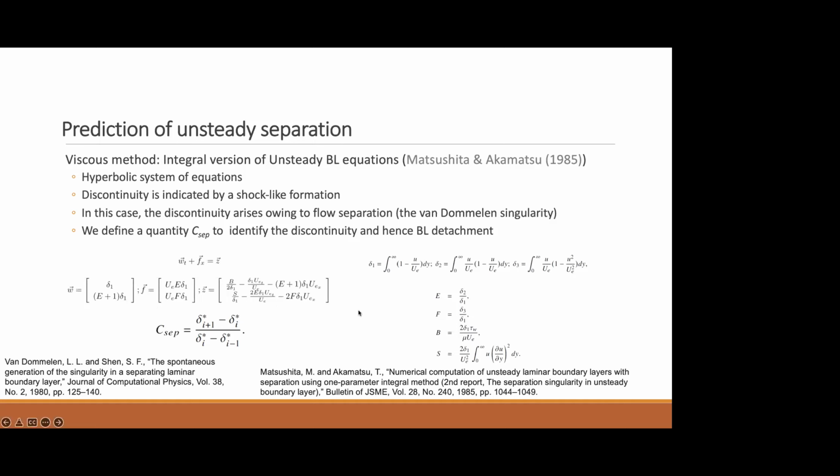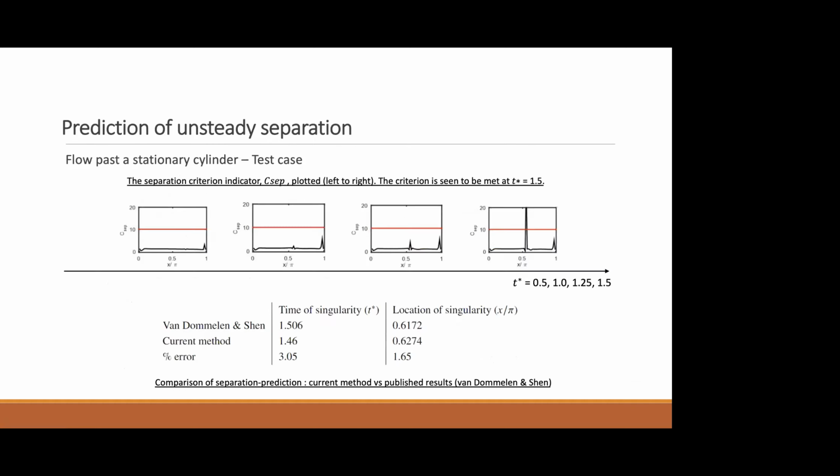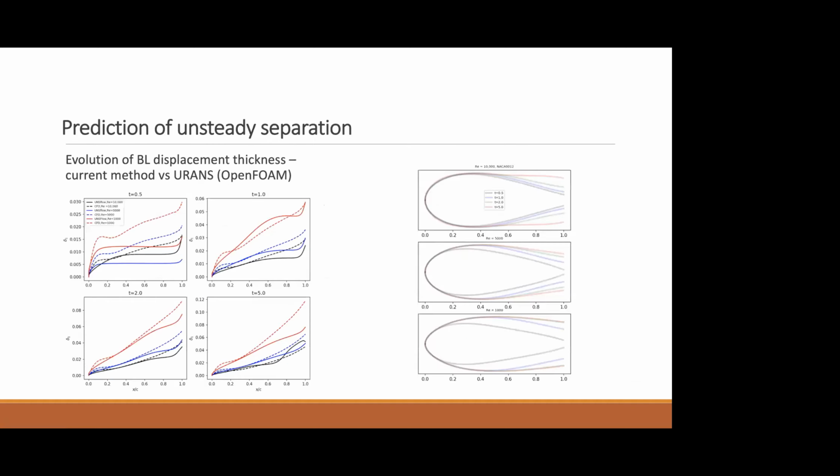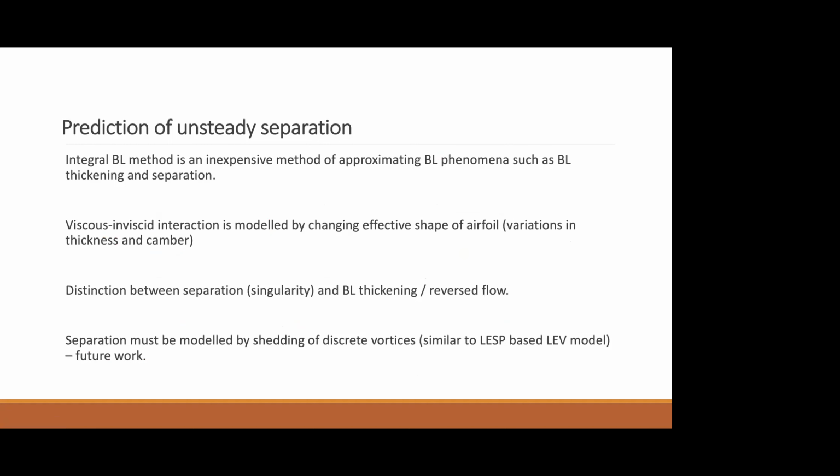Okay, I understand it's modularized. You can change the different sets of equations to treat that problem. Okay, the second, I'm interested in your future work. You said the work is in progress. You are predicting the beginning of this separation and not the exact separation process.